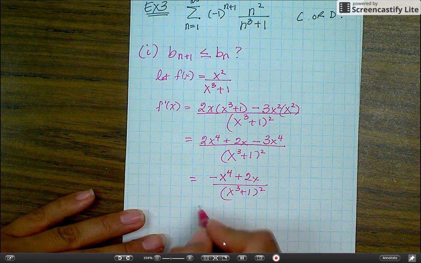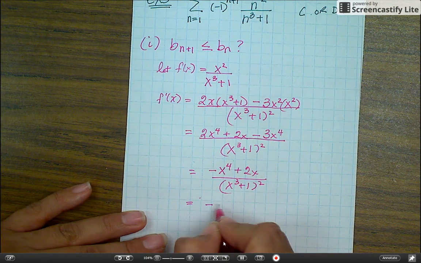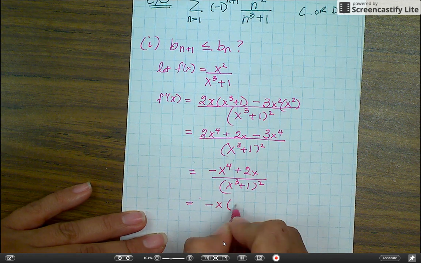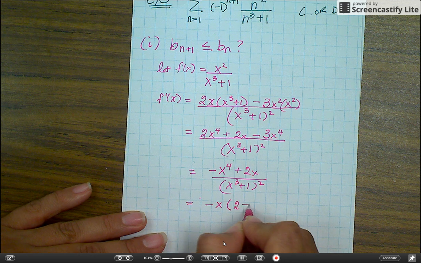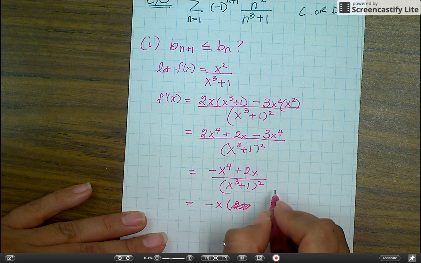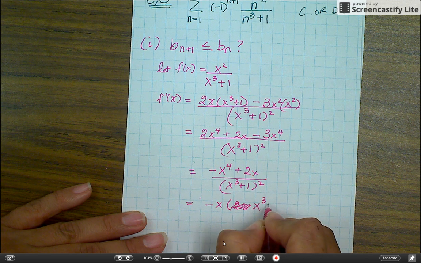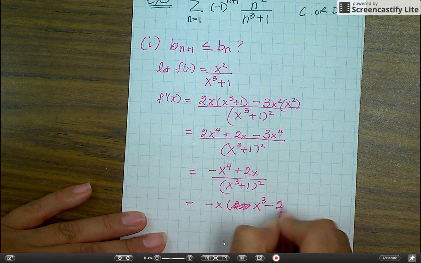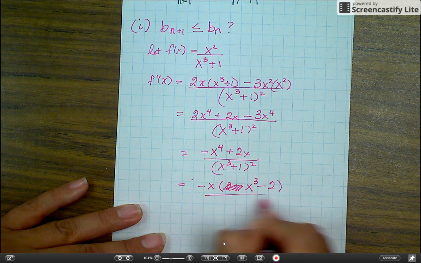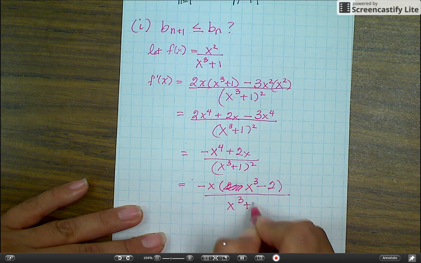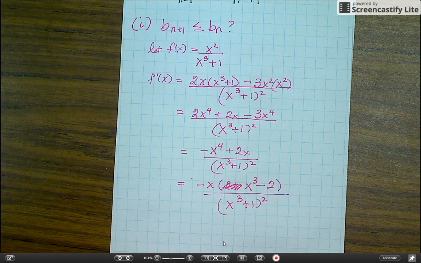Okay, and so let's factor this, shall we? Let's take out a negative x. And so we're going to have x cubed minus 2 all over x cubed plus 1 being squared.